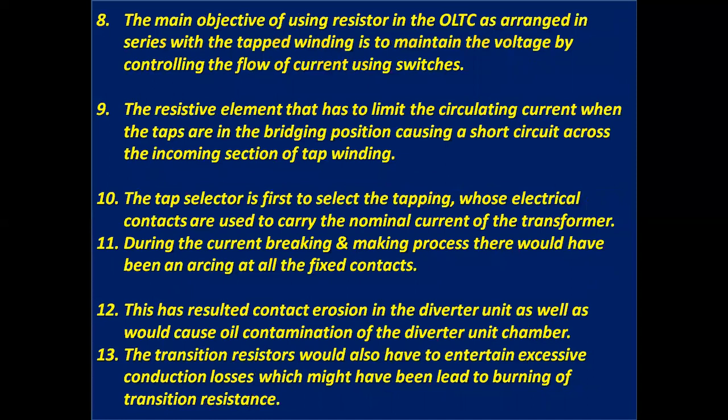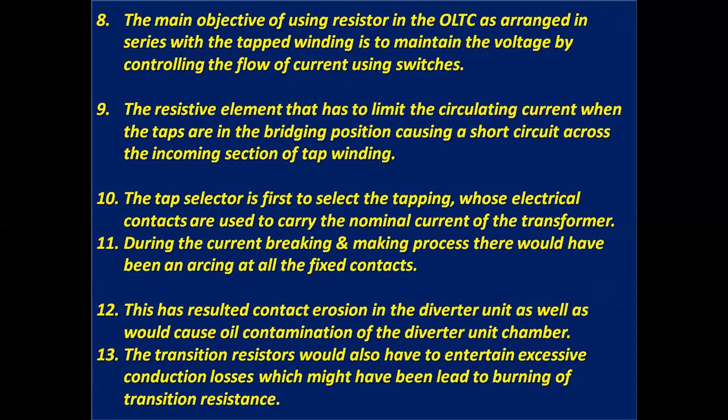The main objective of using a resistor in the OLTC, arranged in series with the tapped winding, is to maintain the voltage by controlling the flow of current using switches.